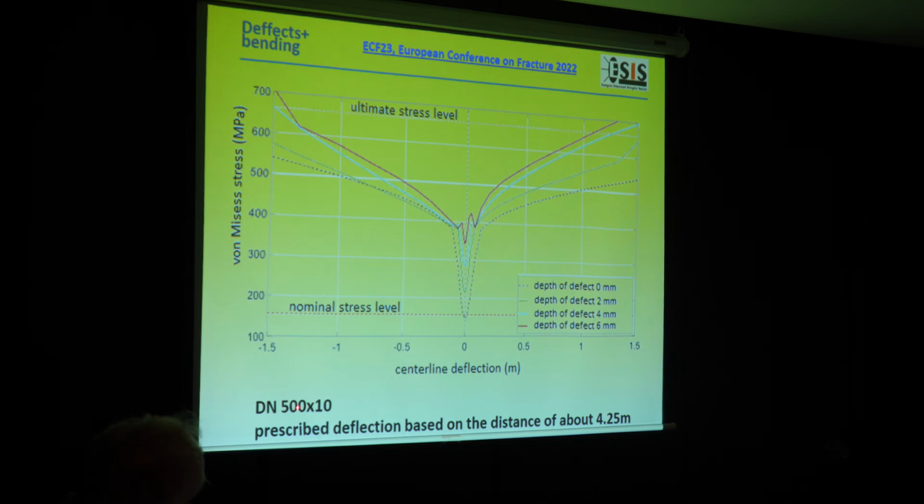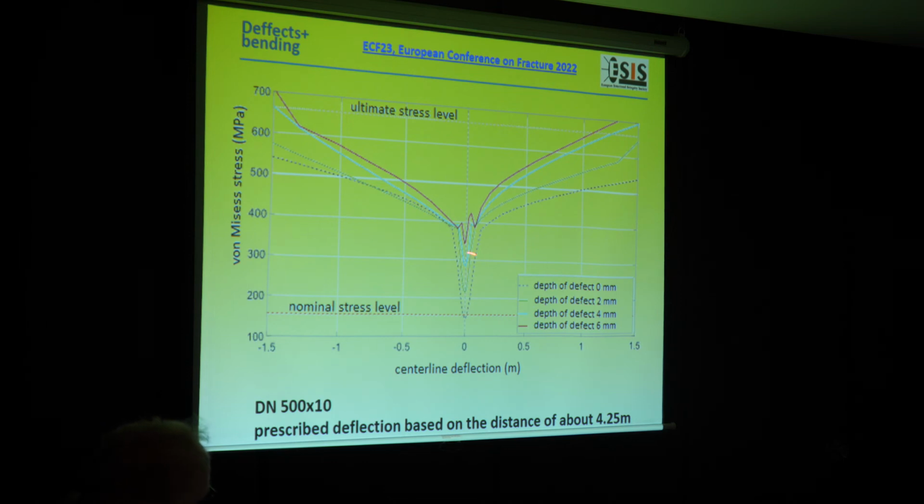This is the half meter dimension of the pipe. This point is nominal stress without the corrosion and without the additional bending. Here it's possible to see the addition in stress from the depth of the defect. Yes, this is over 50% because 10 millimeters is the wall thickness.